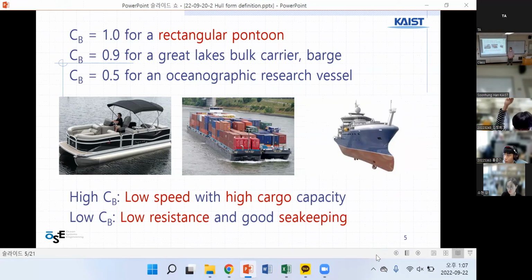So it is good for carrying more cargo, but bad for speed. So it is used for slow speed, short distance transport. You see that this is near a river side. Short distance travel.